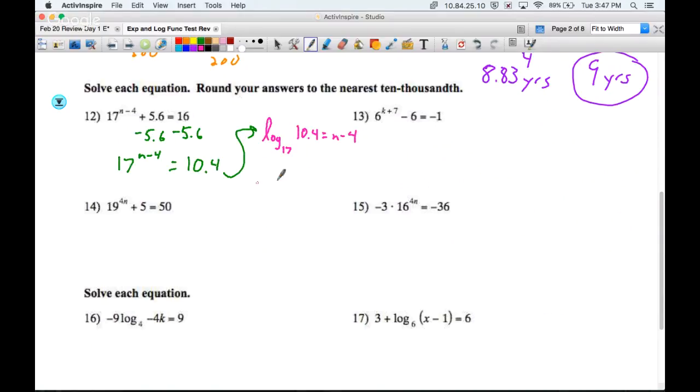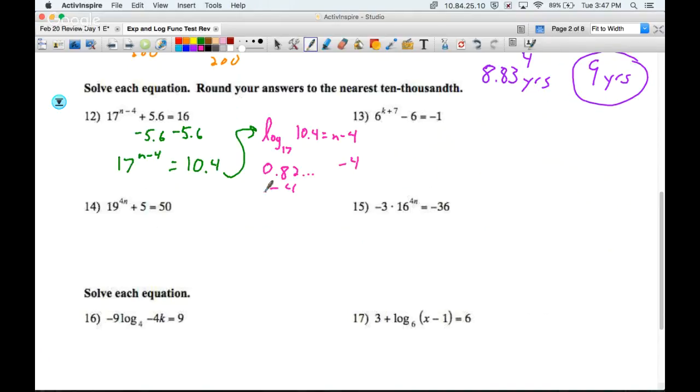Let's just plug this into our calculators. I'm doing log of 10.4 divided by log of 17. I get an answer of 0.82 dot, dot, dot. Subtract 4 from both sides.